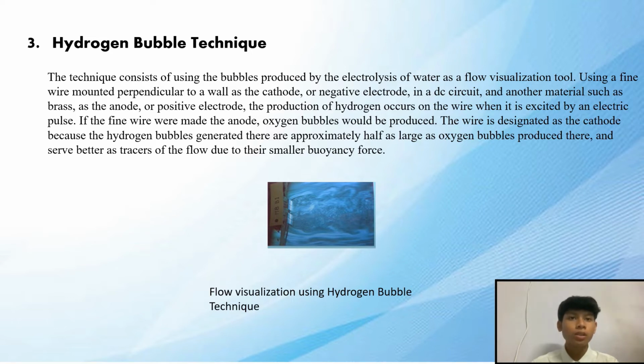The production of hydrogen occurs on the wire when it is excited by an electric pulse. If the fine wire were made the anode, oxygen bubbles would be produced. The wire is designated as the cathode because the hydrogen bubbles generated are approximately half as large as oxygen bubbles, and serve better as tracers of the flow due to their smaller buoyancy force.